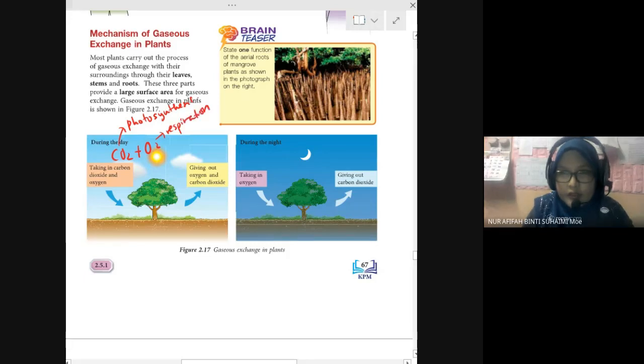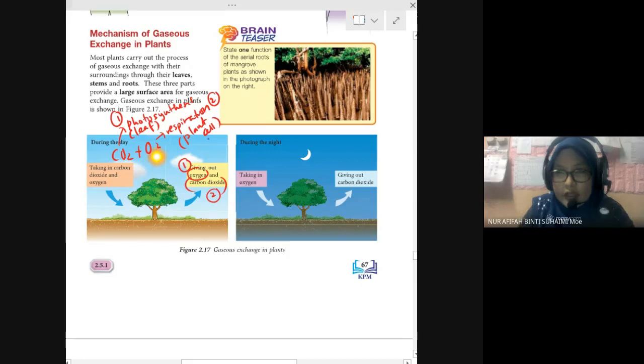This respiration occurs at the plant cell. Photosynthesis occurs at the leaf. If photosynthesis occurs, it will give out oxygen, and respiration will give out carbon dioxide. Number 1, photosynthesis. Number 2, respiration. Oxygen is given out in photosynthesis, the first process, and second, carbon dioxide is released in respiration.